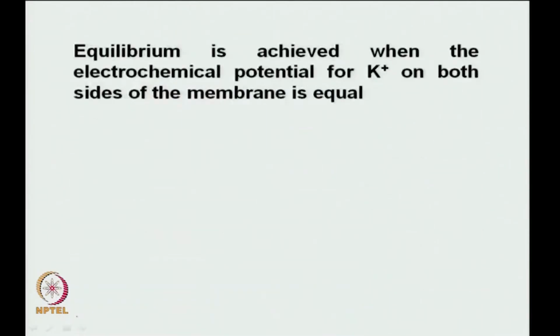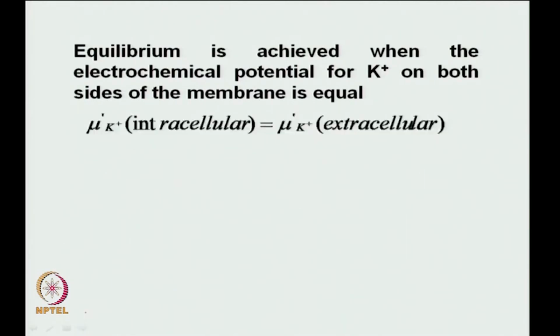Now, let us look at a calculation. Equilibrium is achieved when the electrochemical potential for K+ on both sides is equal. It has to be, right, because that is your condition of equilibrium. Okay. So, then we can say that the electrochemical potential of K+ inside the cell is equal to that outside the cell, right.